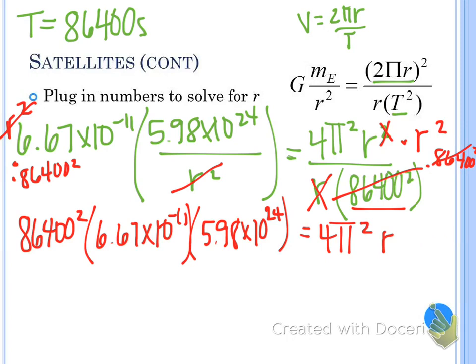R cubed, so I'm going to simplify that. Do we see where this whole term came from? I got rid of my denominators. That's how I'm working through it.